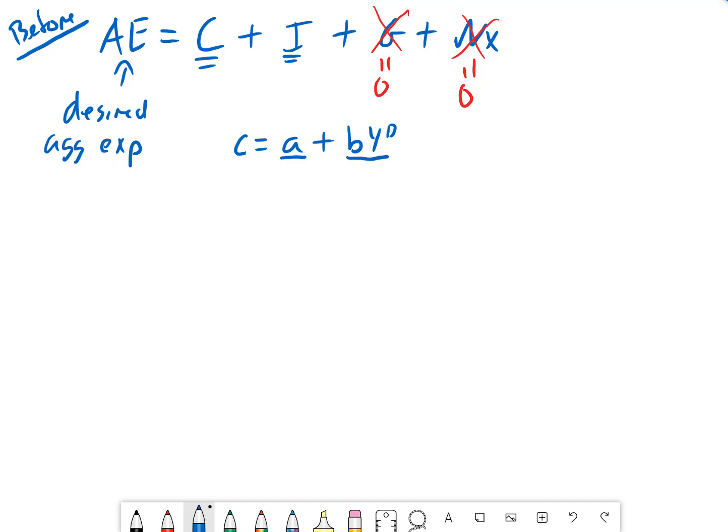And then we had this second term, which was the induced consumption, where b was the marginal propensity to consume and YD was disposable income. And then we assumed that investment was just some kind of constant. So it's just a number of some sort, like 5 or 30 or 30 billion or whatever number it is.